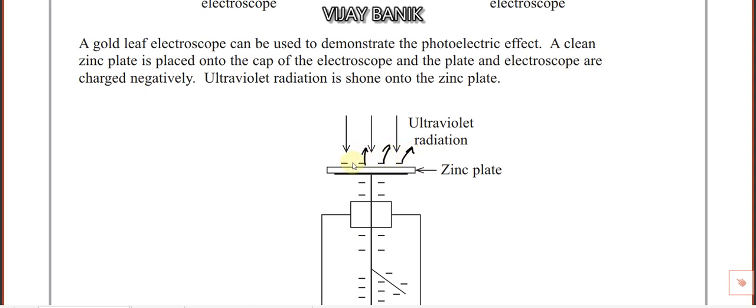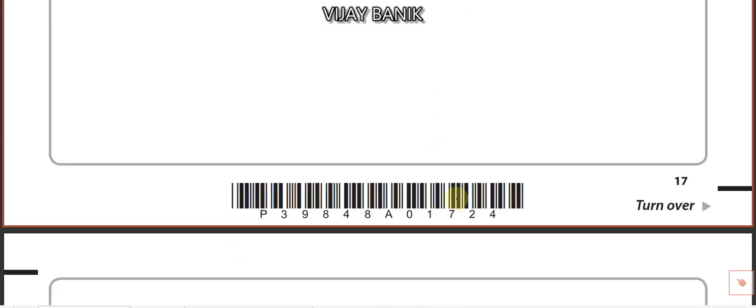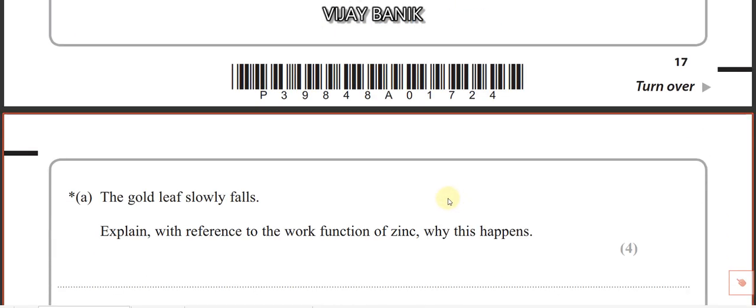As the ultraviolet radiation ejects electrons, electrons from the bottom will travel to the top to take their place. So the number of electrons at the bottom will decrease, and the repulsion will decrease as well. So now the gold leaf slowly falls.